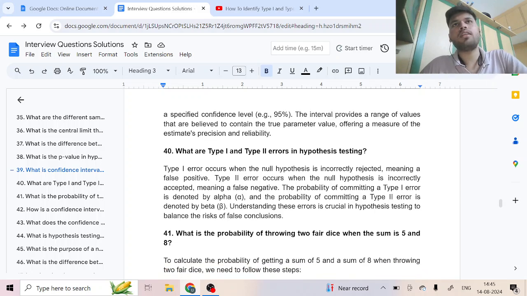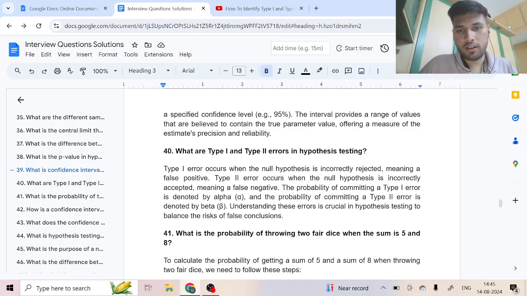A type 1 error is when we reject the null hypothesis even though the null hypothesis is correct.